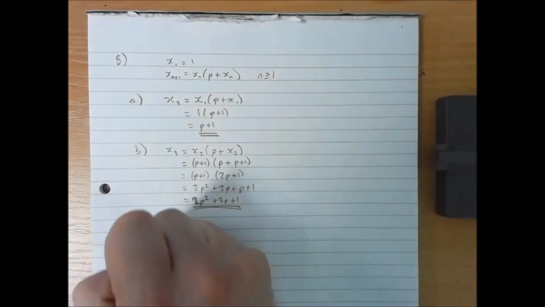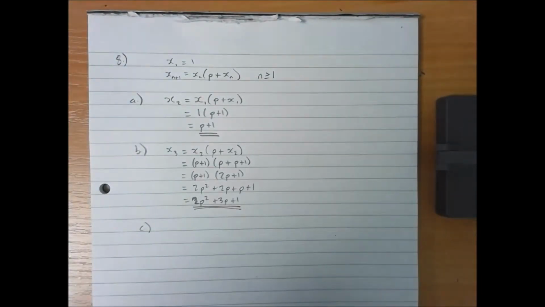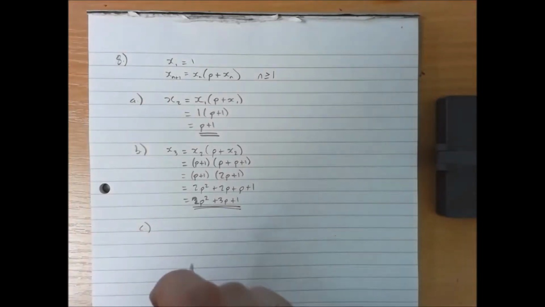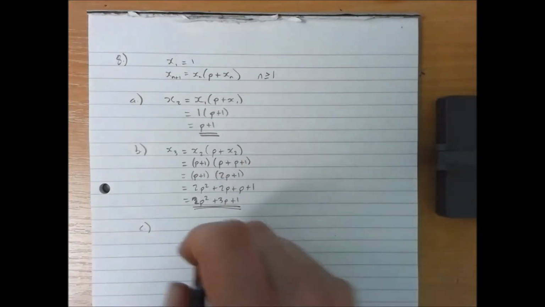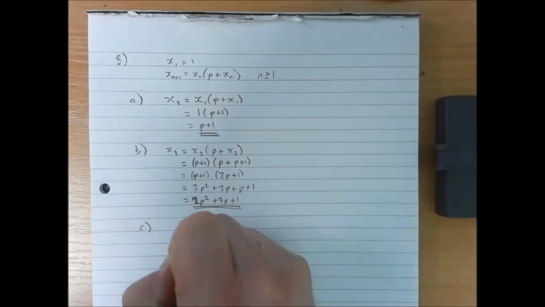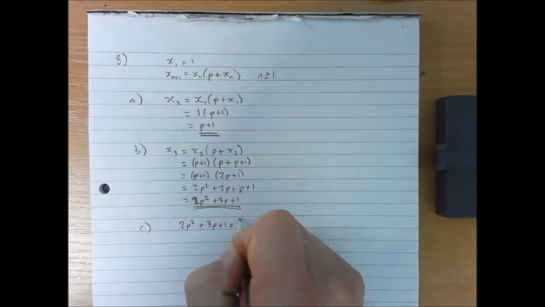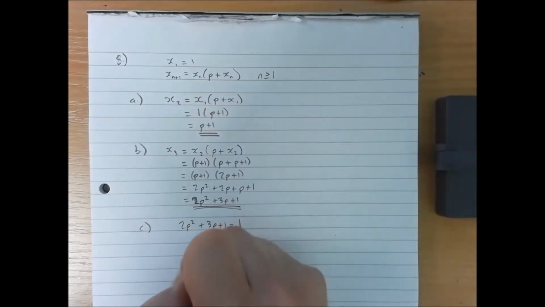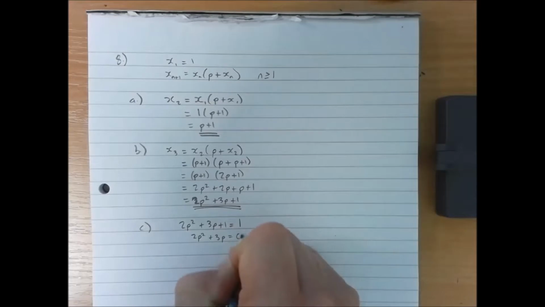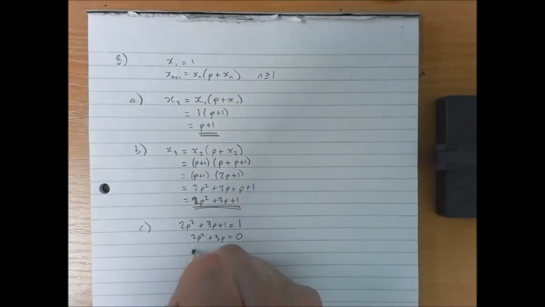In part C, I'm told that the third term is also equal to 1, the same as the first term was, which will become important later. I need to set 2p squared plus 3p plus 1 equal to 1. Cancelling the 1's from each side gives me 2p squared plus 3p equals 0.